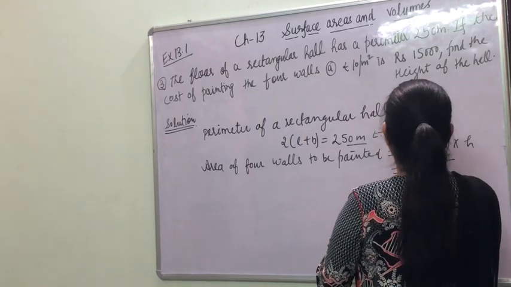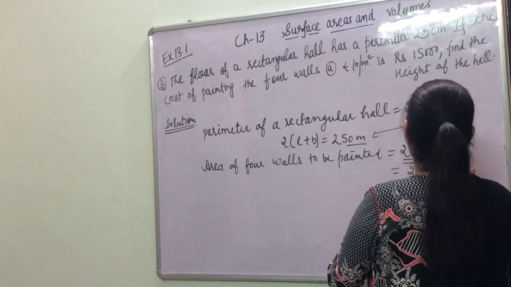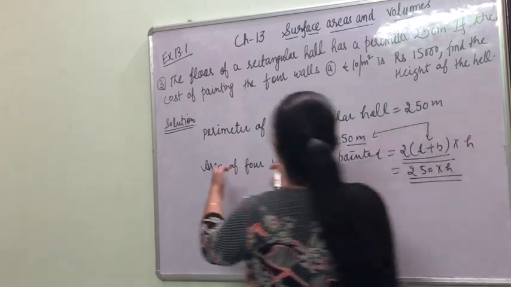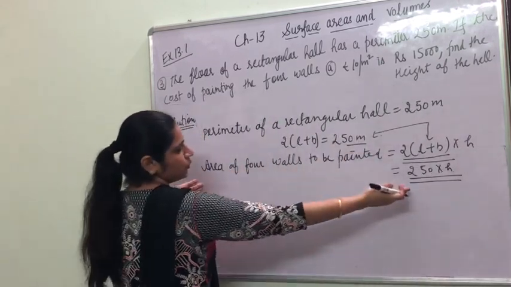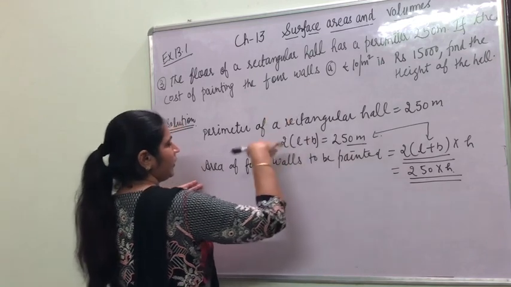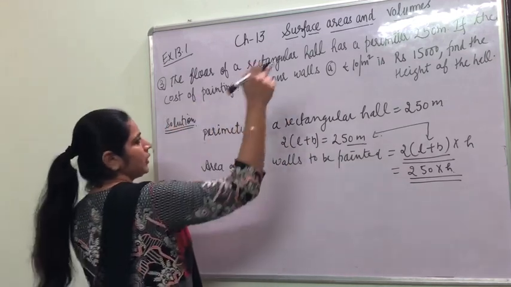So we can write here 250 into H. This is the area of the 4 walls that is to be painted. Now what they are saying in the second line, read the statement again.